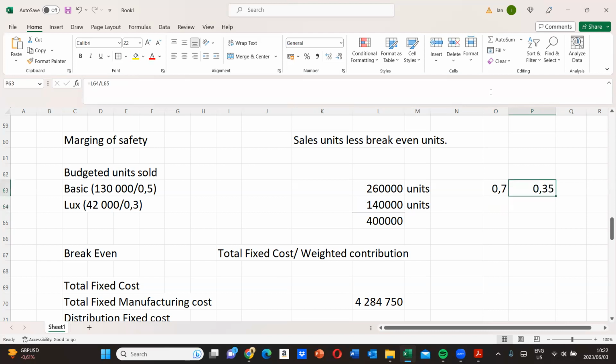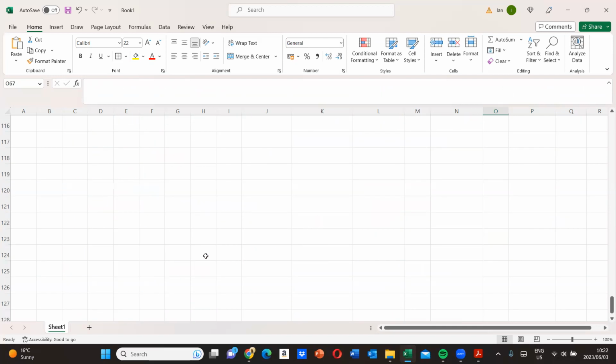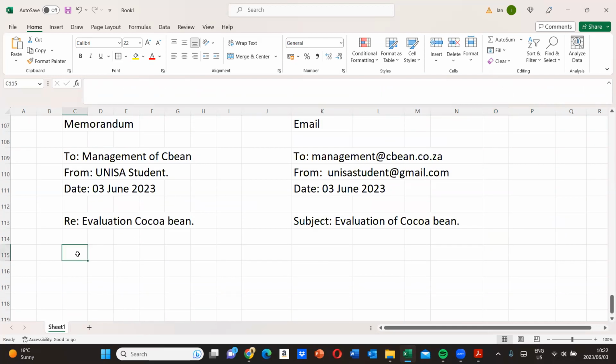So this would be your sales mix. You could have set it as 0.65 to 0.35, or someone could have worked it as 26 to 14. Nothing to stress much about. Remember, these are the units sold, so that's your mix ratio. Basically, that's how you could have done the question.